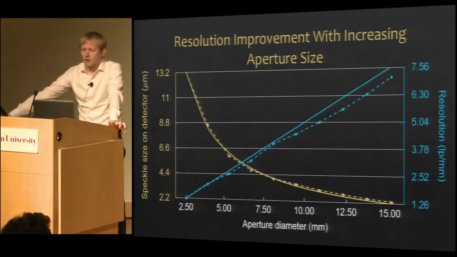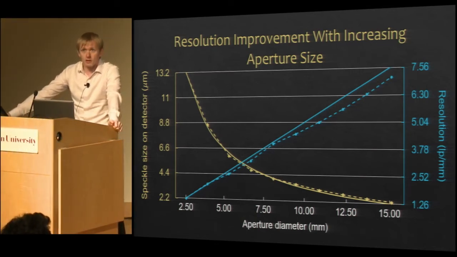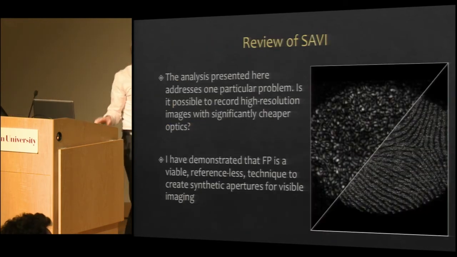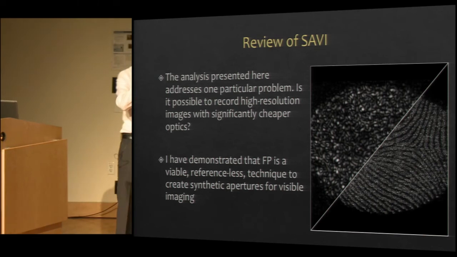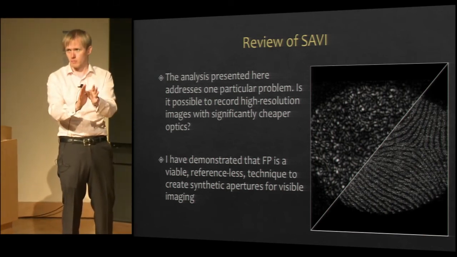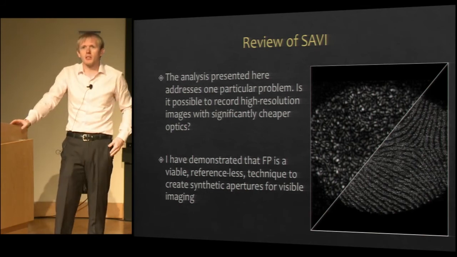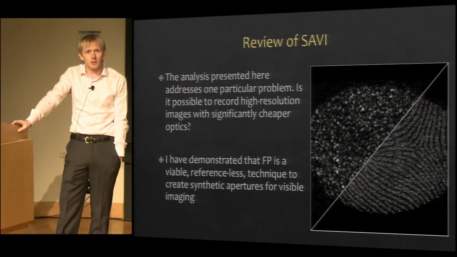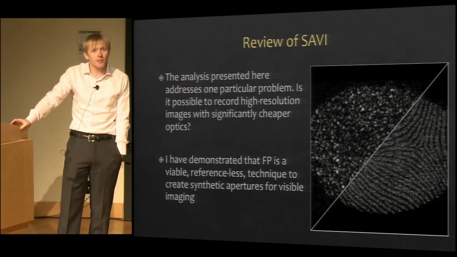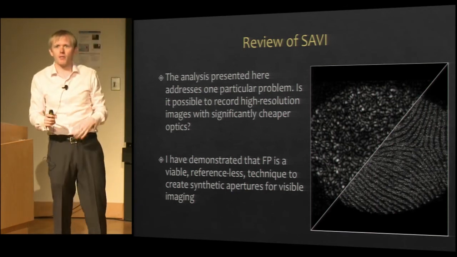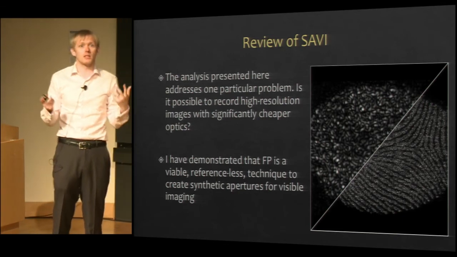So I want to leave you with the following: the analysis presented here addresses one particular problem, right? And that is, can we record high-resolution images with significantly cheaper optics? And the answer is yes, if we are willing to allow for a little bit of flexibility in our image capture system.